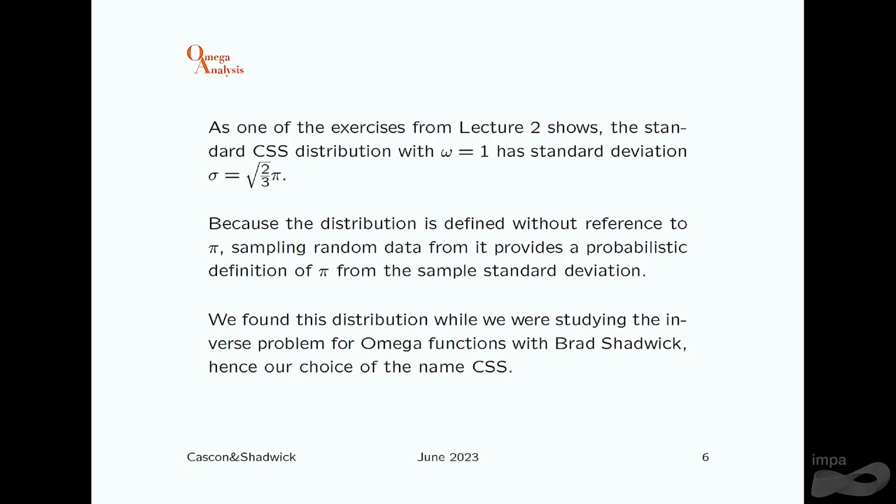I'll have some animations that I'll go through at the end of the lecture that show the incredible rapidity with which things converge to this distribution when you compute powers of their omega function and then back out the distribution for the power. It's absolutely remarkable how fast it is.